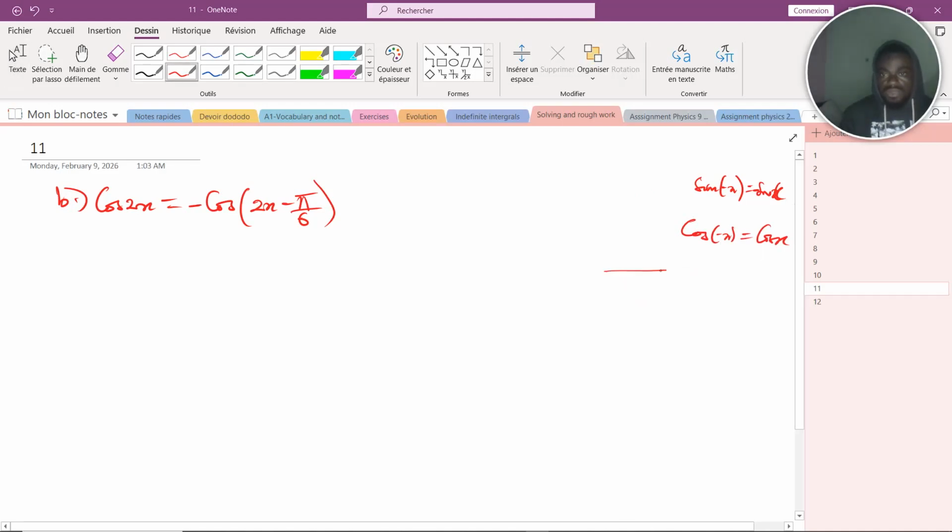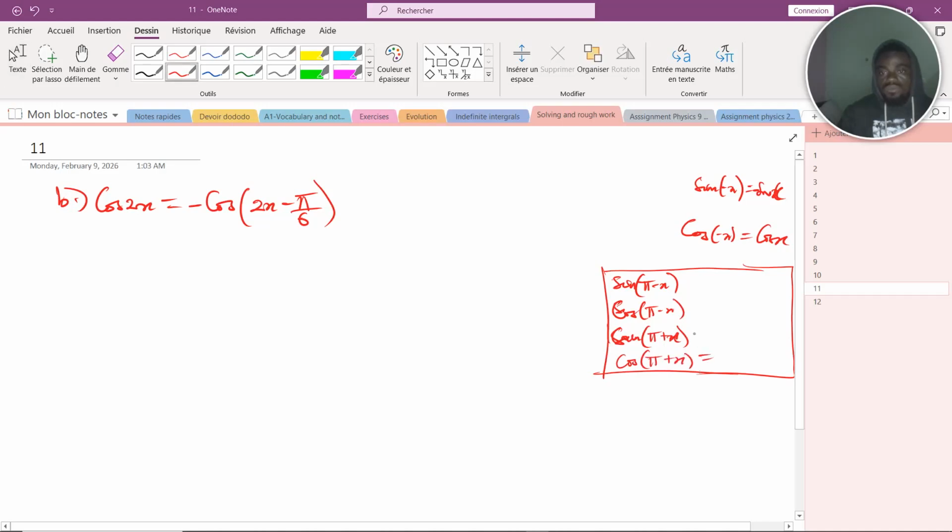So here are some important identities I'm going to give to you. You have to remember them very well. We have to find the sine of pi minus x, the cos of pi minus x, the sine of pi plus x, and the cos of pi plus x.